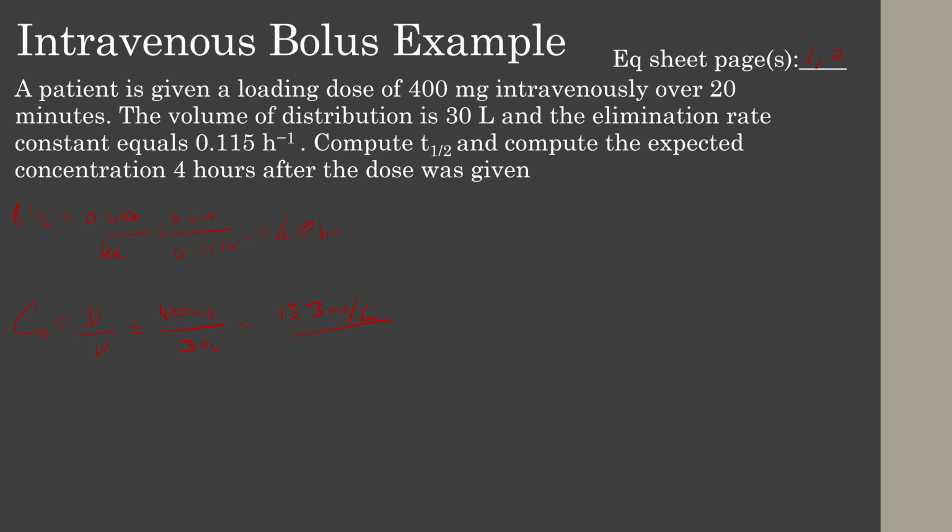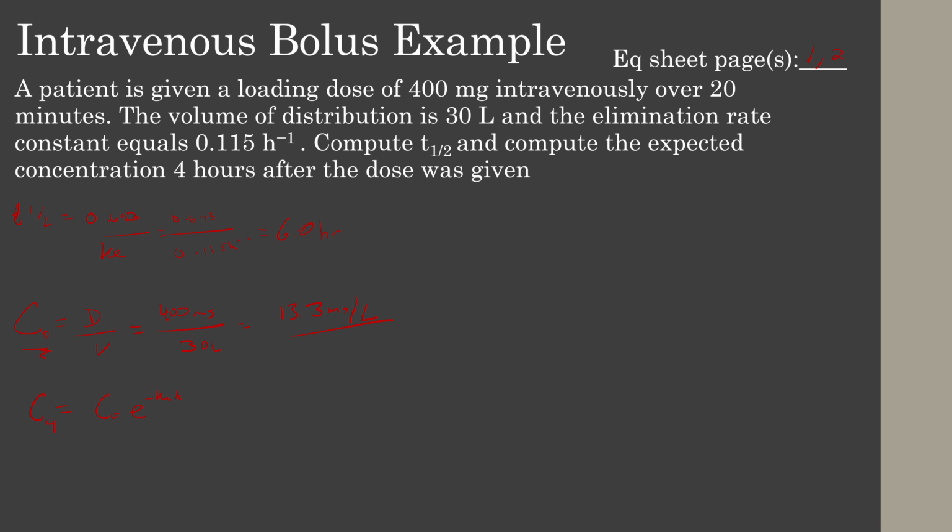Okay? So now we need to figure out what that concentration is 4 hours after the immediately post-dose concentration. How do you do that? That is going to be C equals C naught, in this case, this could be any concentration here, e to the minus KE t, where t is the time we're looking for.